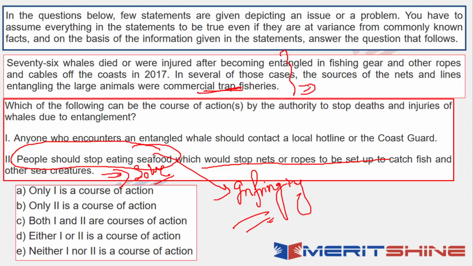Now, on the basis of the data that has been given, this is not a solution because it infringes on freedom, and secondly, it is too general. In some places these things are happening, and for that you are saying that everywhere you should stop eating seafood, right? So this is an irrelevant course of action. So only one should be our course of action. A. Clear? Okay? Next.